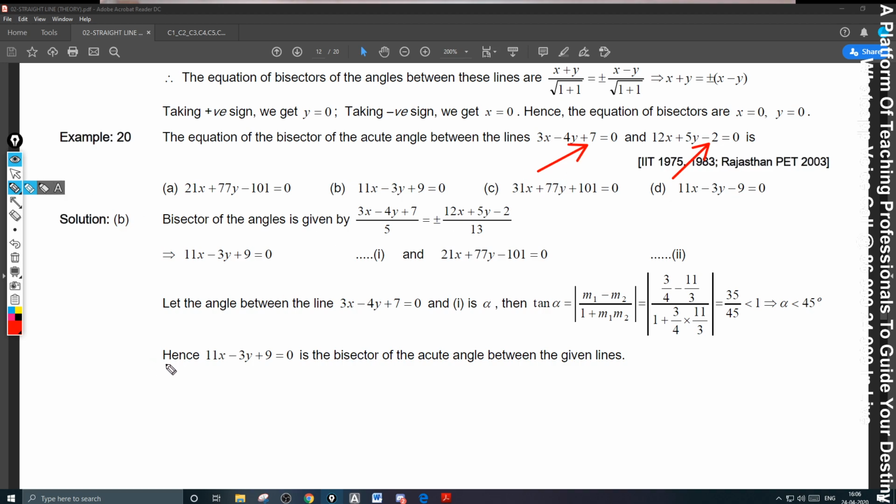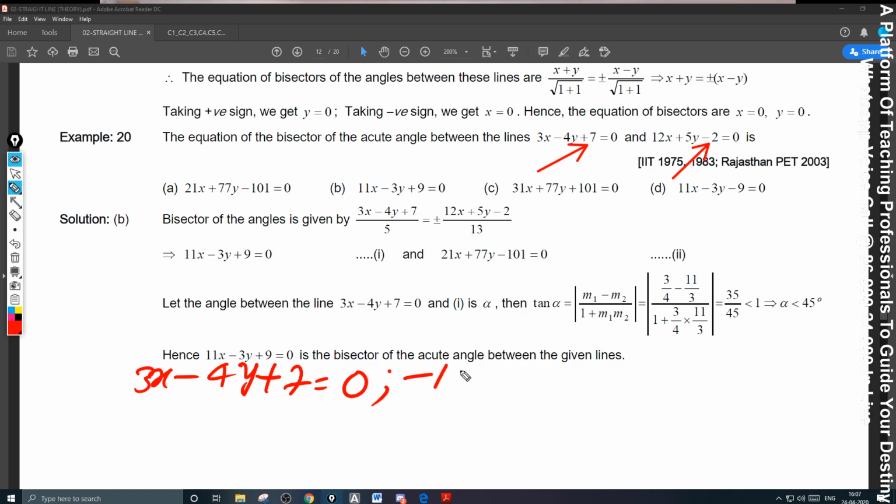3x minus 4y plus 7 equal to 0. The second one does not have a positive constant term, and hence multiply throughout by minus.